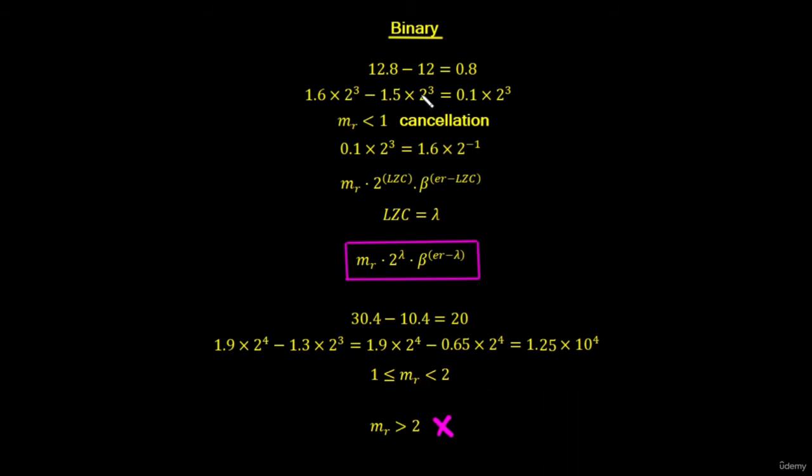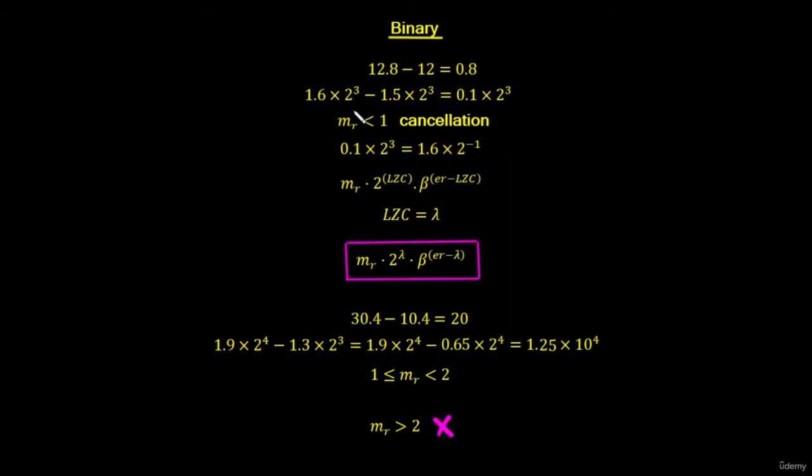Now the interesting one here is whenever a cancellation occurs. That is, whenever the subtraction of the mantissas gives us a number that's less than 1. So let's look at an example here. We have 12.8 minus 12, which gives us the number 0.8. So that's equivalent to 1.6 times 2 to the 3, and this is equivalent to 1.5 times 2 to the 3.